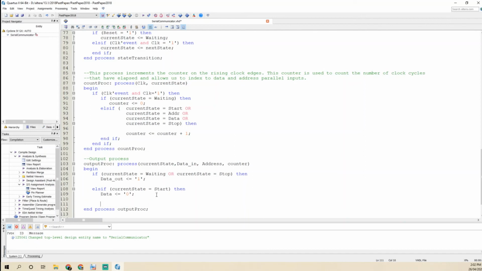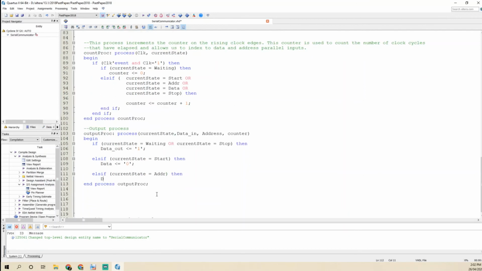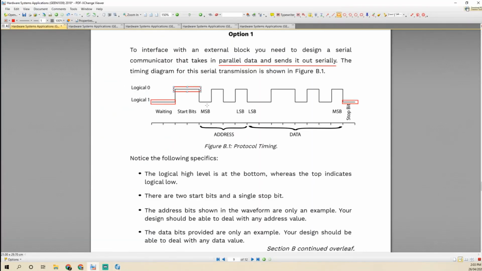Then, if I'm in the address state now, what's going to happen? Well, if my current state is equal to address, then data out, which is that thing that's sending out data 1 bit at a time, is going to be sending out the different parts of this address signal here.